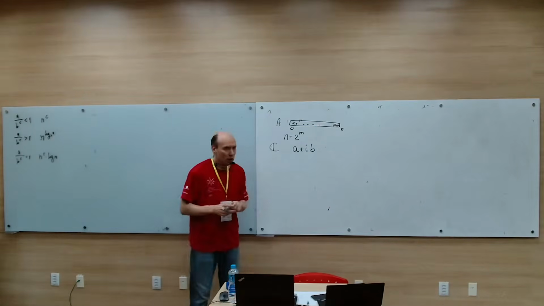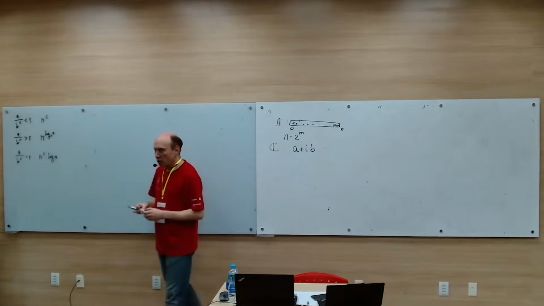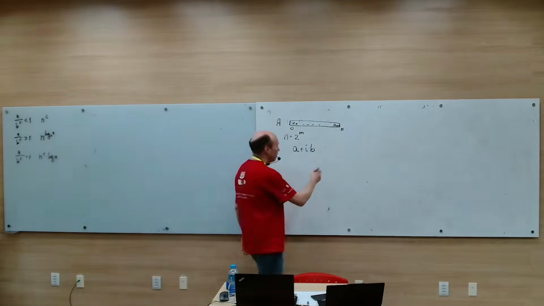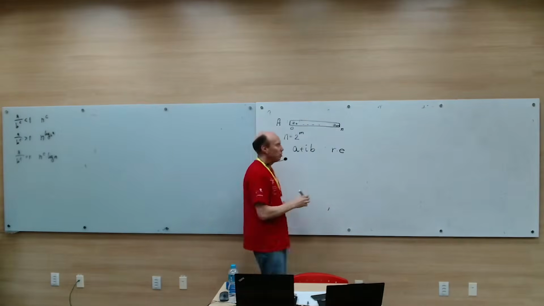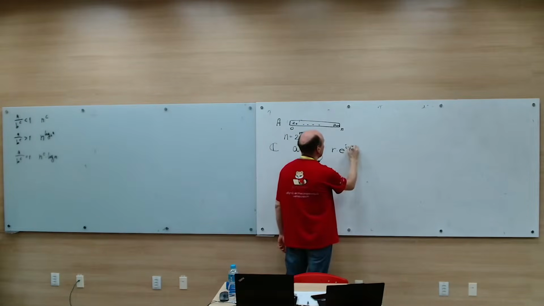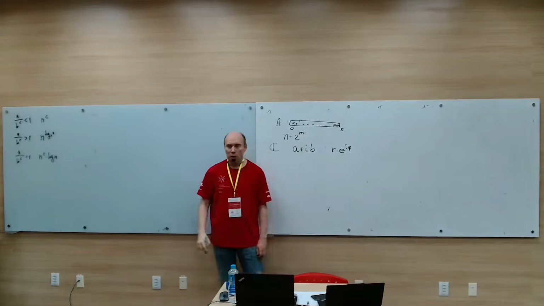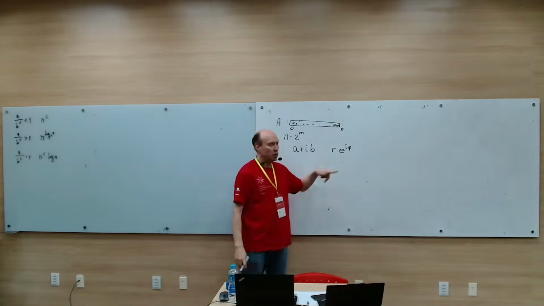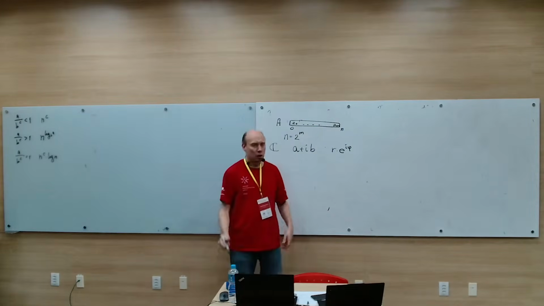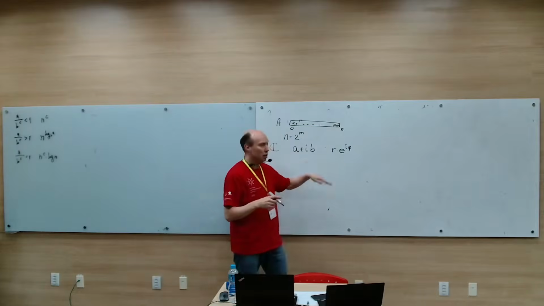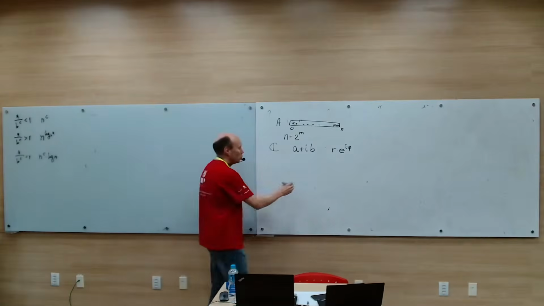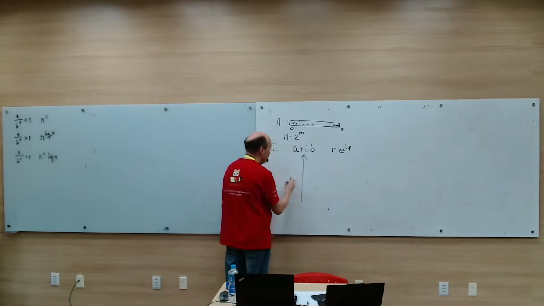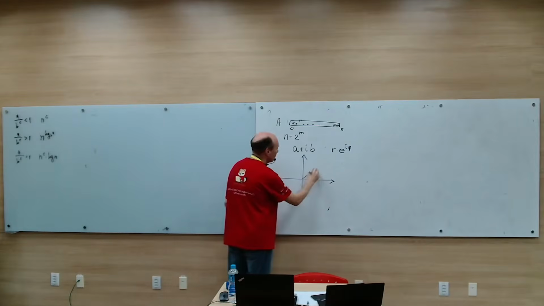It also has the exponential form, some radius r times e to the power of i phi, in which phi is the phase of the number, kind of an angle, and r is the modulus of the number. If you put it on the Cartesian plane, it's like this.